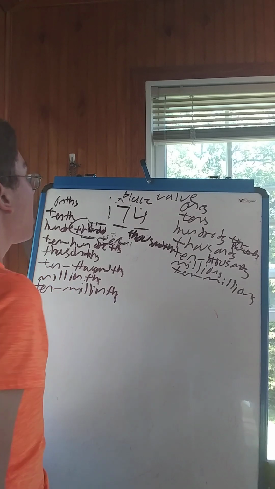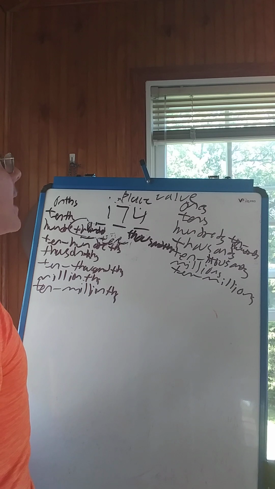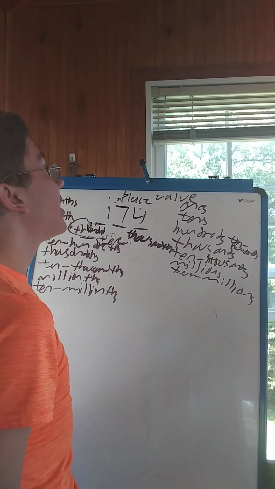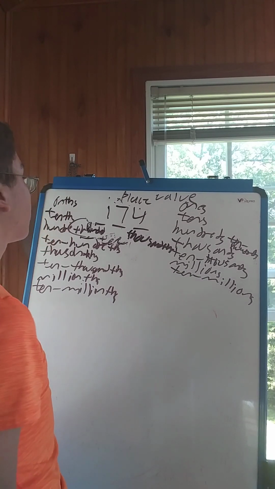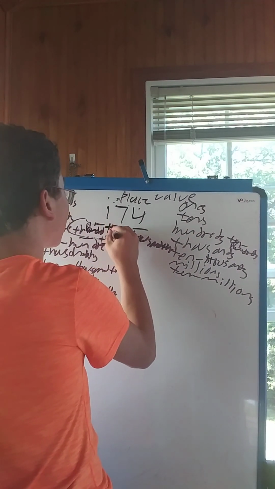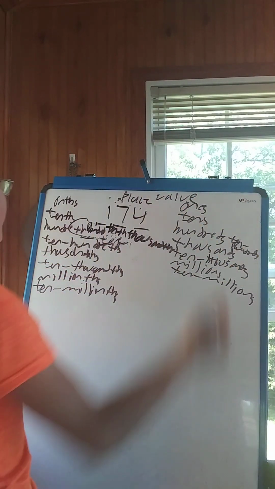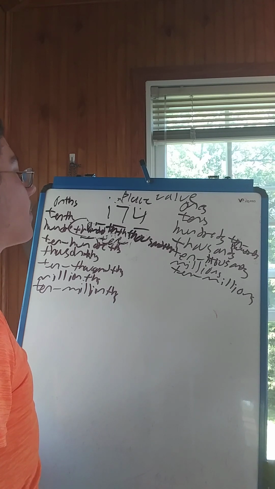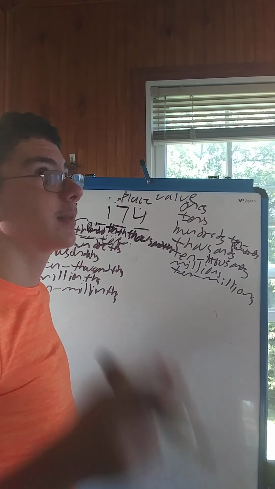Going from left to right, what placement would the 7 be in? Exactly, the 10th. So this is left to right, this is right to left. Going from right to left, what would the 4 be in? Exactly, the thousands.